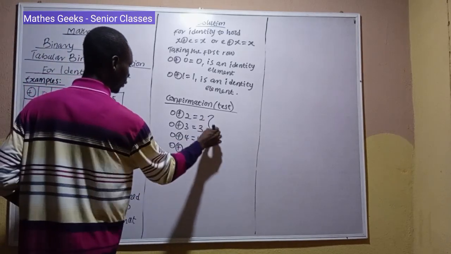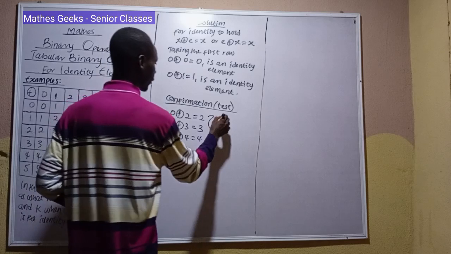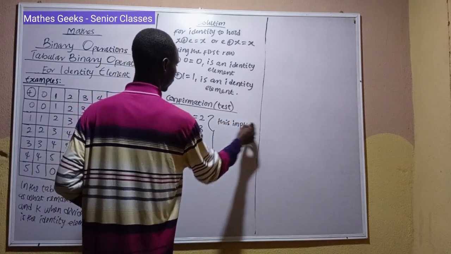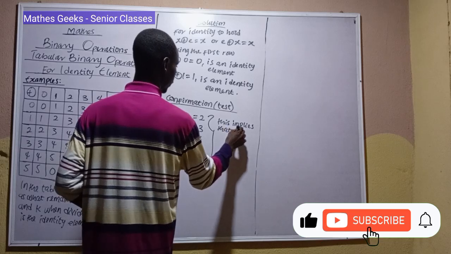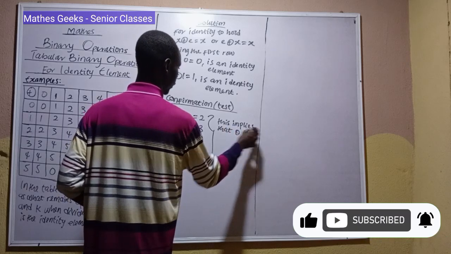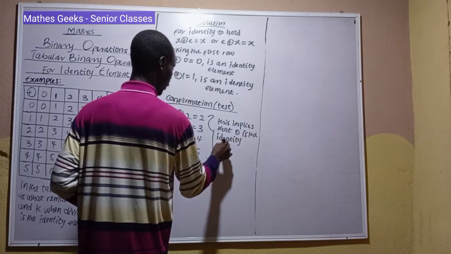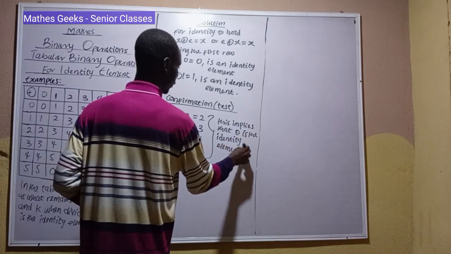So this implies that 0 is the identity element.